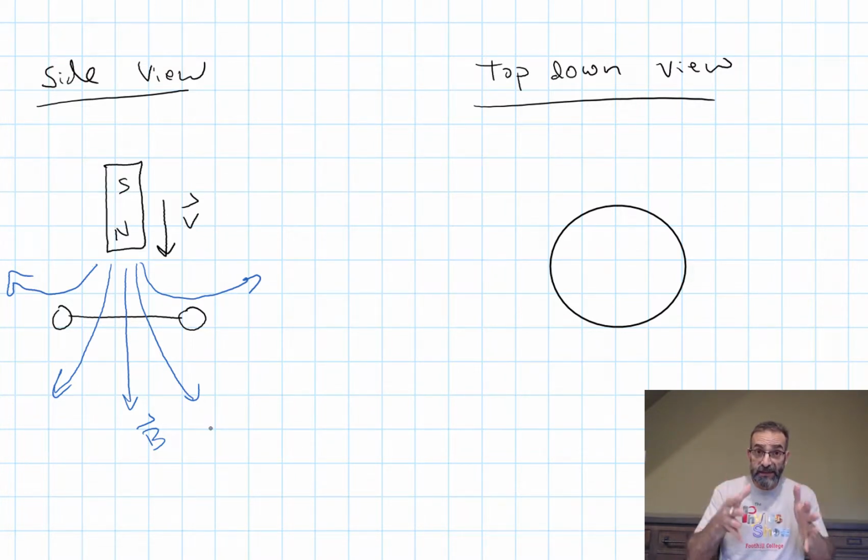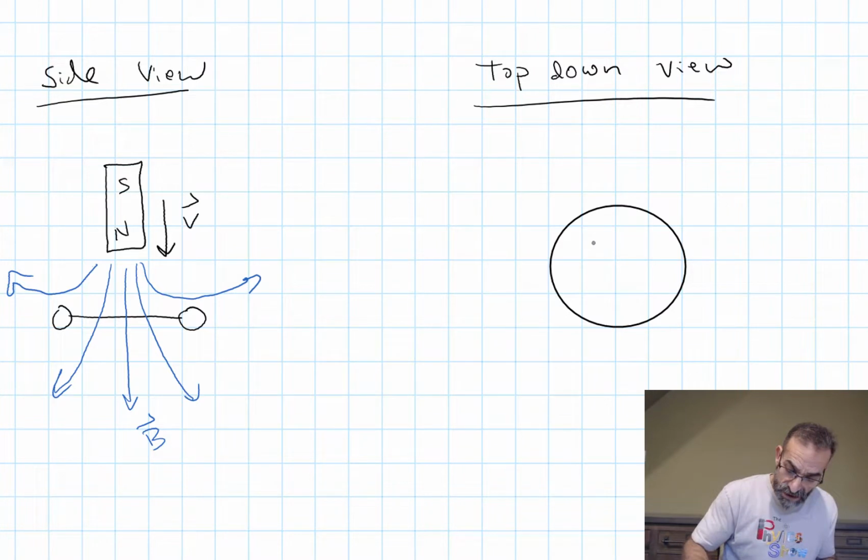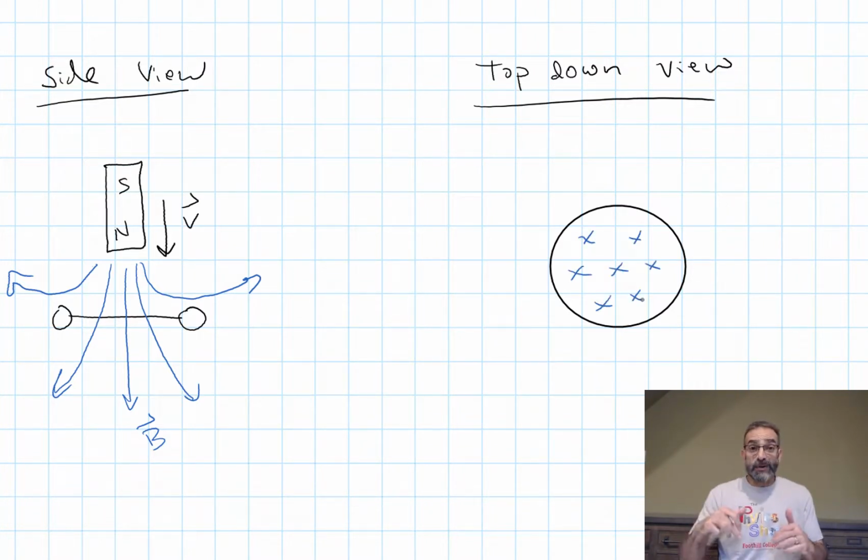More magnetic field lines are penetrating the area defined by that loop. So the magnetic flux is increasing, and it's pointing toward the bottom of the page. If we were looking down from the top, we would see the magnetic flux going away from us, and it would be increasing.